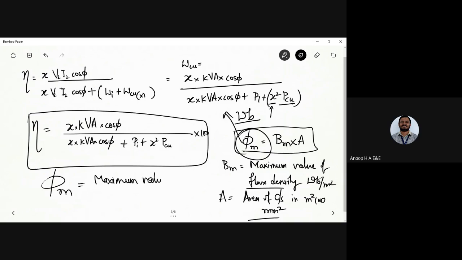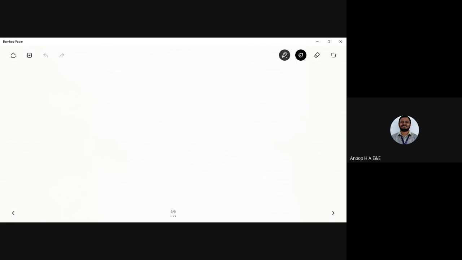Any doubts regarding these formulae? This forms the basis for understanding the concepts related to the numerical problems we will solve later.